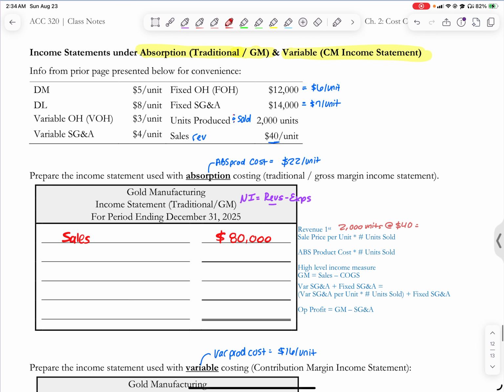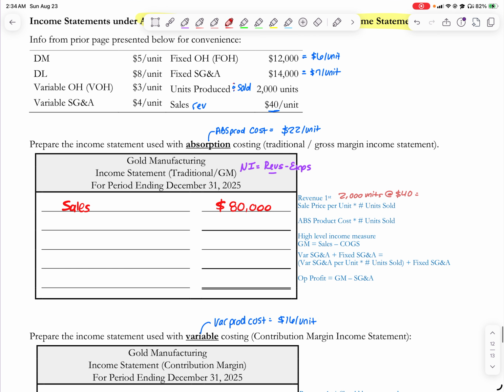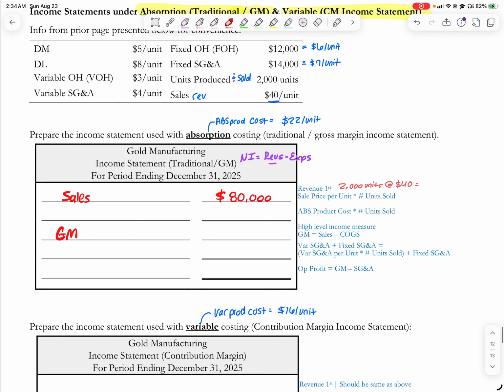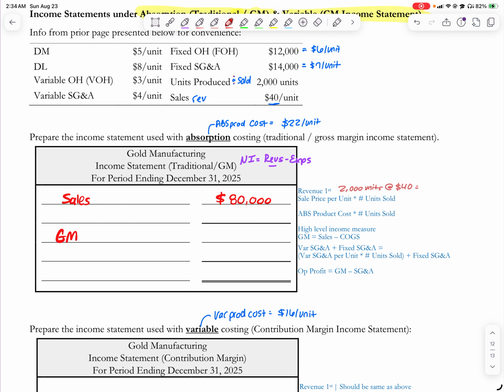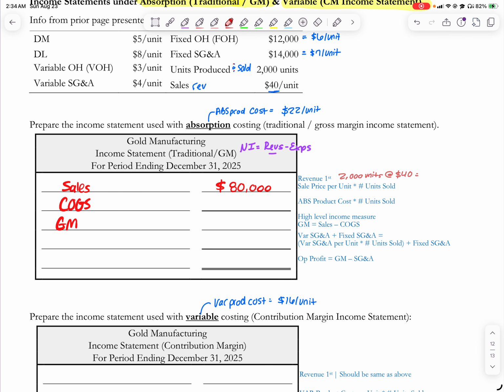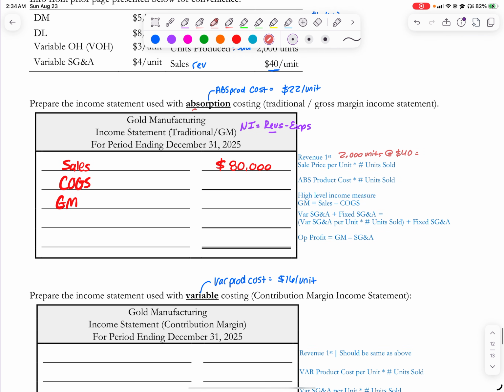Then this traditional absorption statement, or gross margin statement, I'm trying to calculate that here. I need cost of goods sold to get gross margin. It's about what's left over after factoring in the cost of the inventory I've sold. So, to get cost of goods sold under an absorption statement, I need the absorption product cost per unit. That's the cost I assigned to the product.